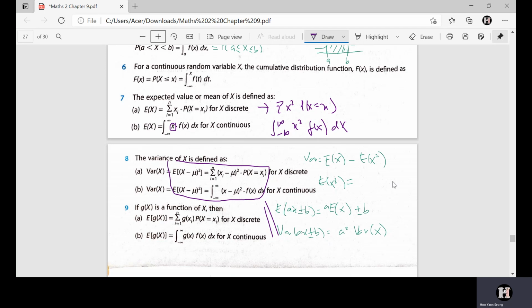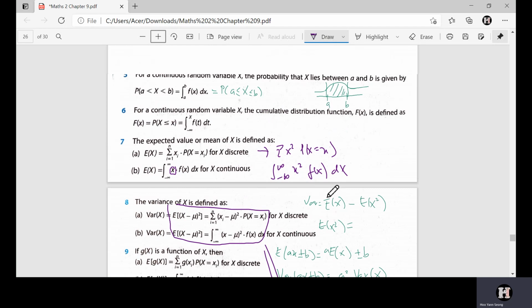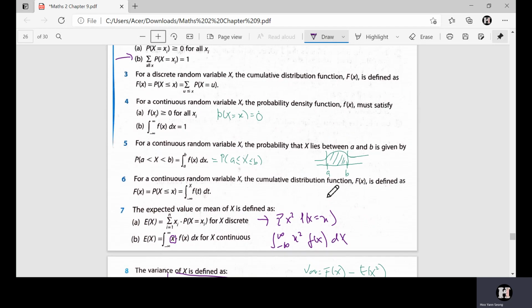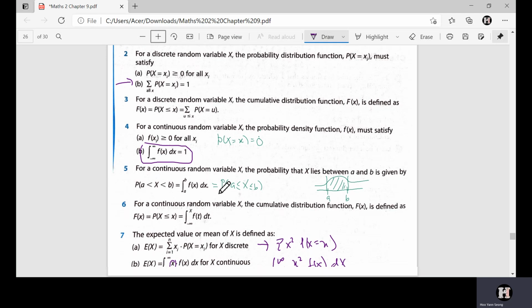Now this is your chapter 9. What are the few pieces of information you should know? The most important part is that everything must sum up to 1. That is the first important thing.